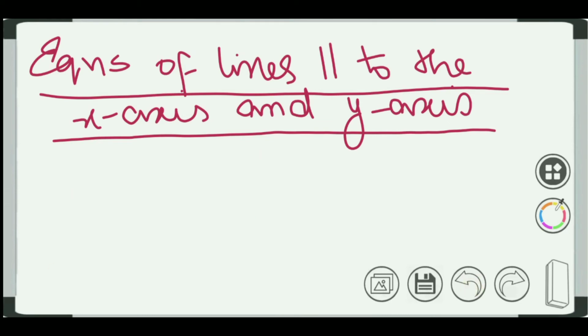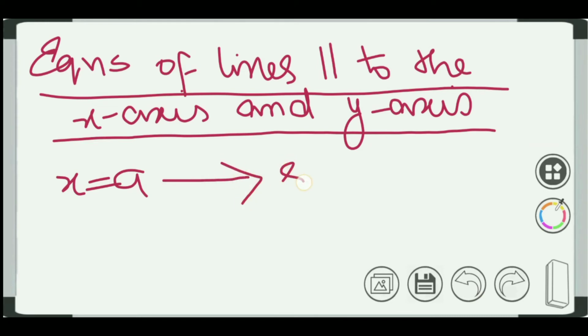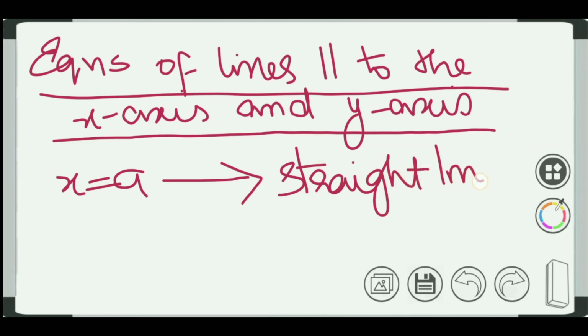You can conclude the graph of x is equal to a, where a means any number. If x is equal to a, the graph will be a straight line parallel to which axis? Parallel to the y-axis.